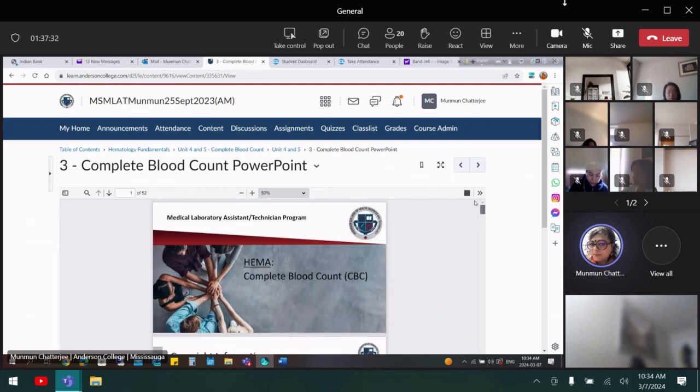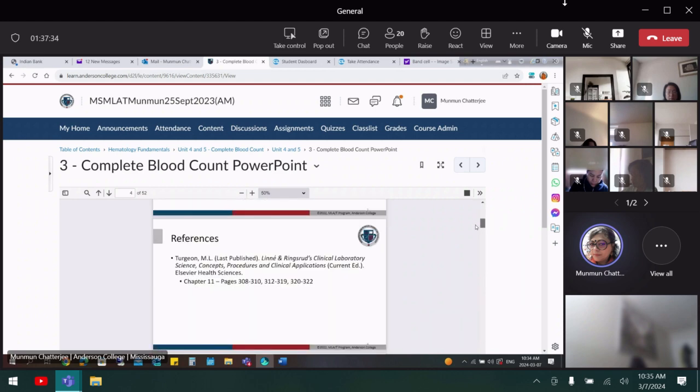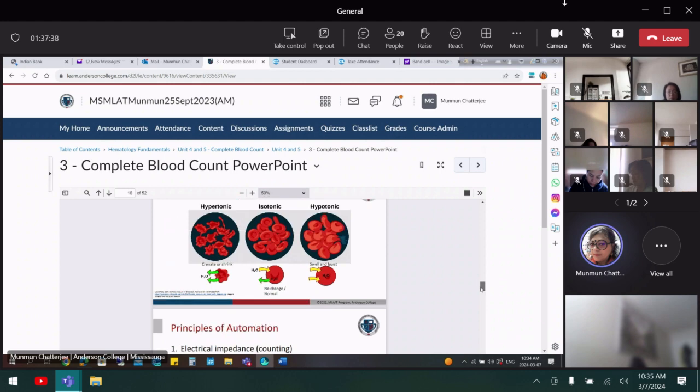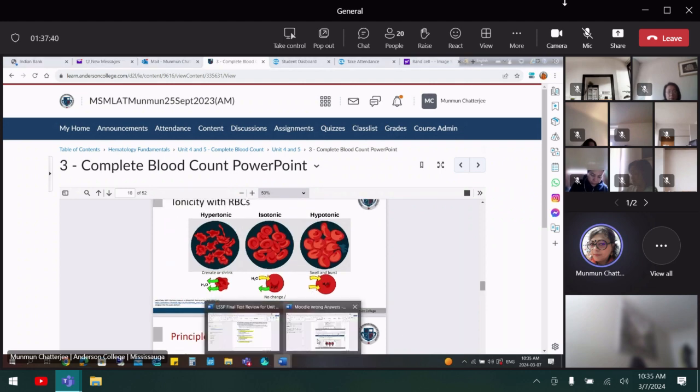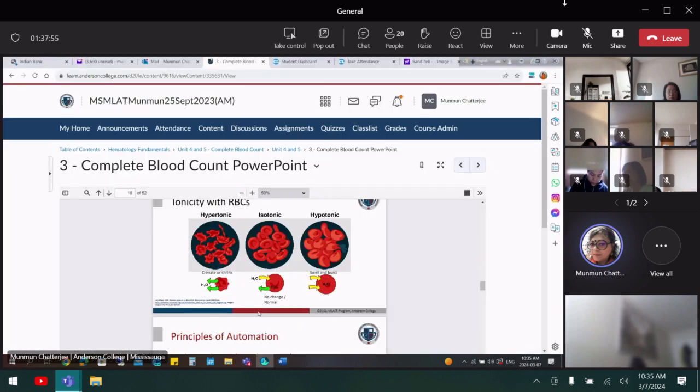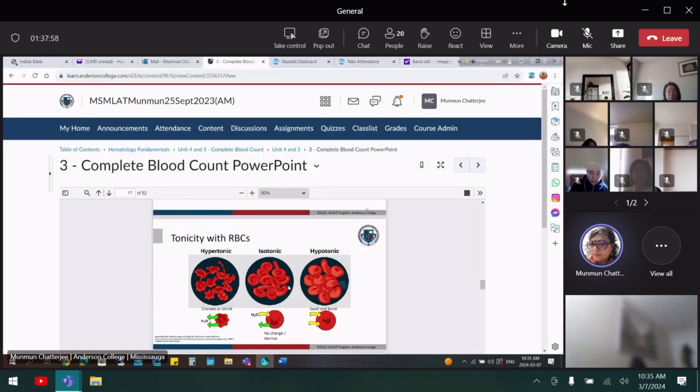What's the heading? Complete blood count. HEMA complete blood count. Okay, so Asnet, you are asking something for the break. Right, Asnet?